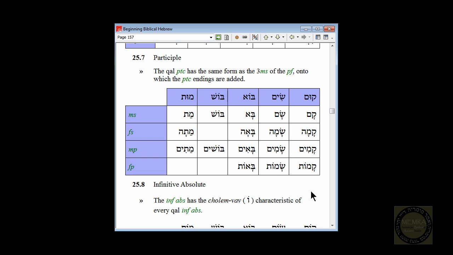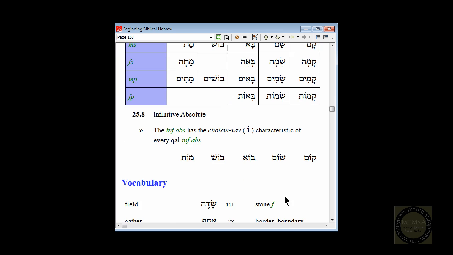So to this point, you've got your lemma forms that could be two things: infinitive construct or imperative, second masculine singular. And here you have the shortened forms without the long vowel that could be either third masculine singular perfect, third feminine singular perfect, or masculine or feminine singular participles.